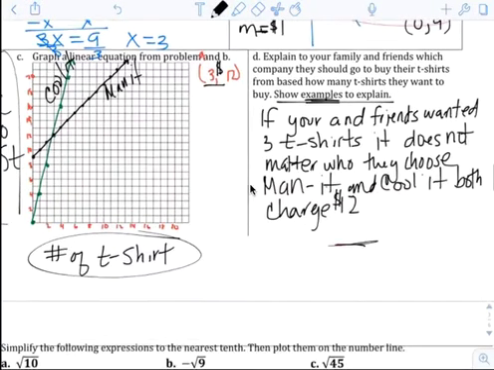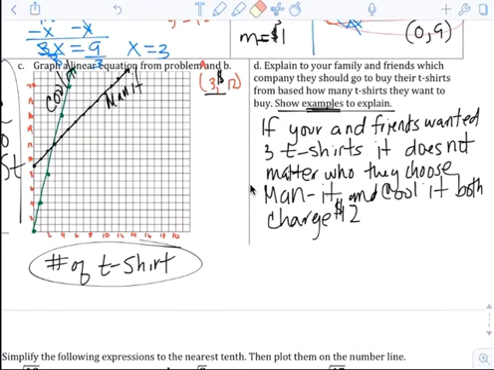So you would show some math here because it says show some examples to explain.